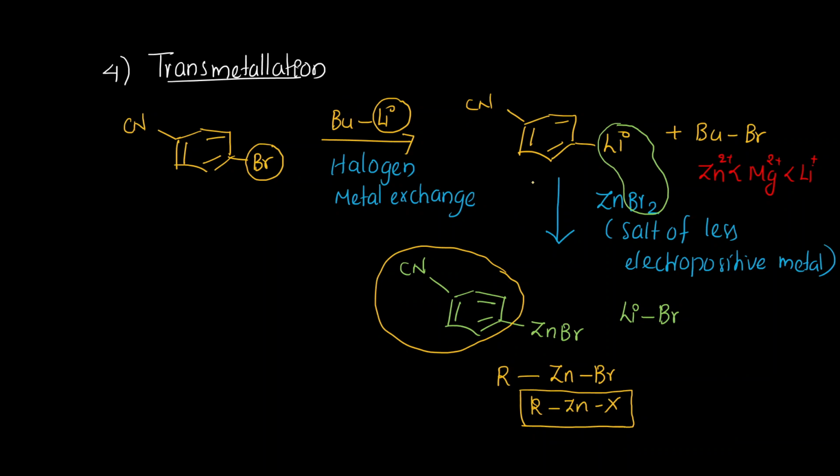So the thing you have to remember, if you need to do this conversion, you have to treat the organometallic reagent with a salt of less electropositive metal. So what will happen? The more electropositive magnesium or lithium goes into the solution as their ionic salt, while the less electropositive metal, that is the zinc, takes over the alkyl group.